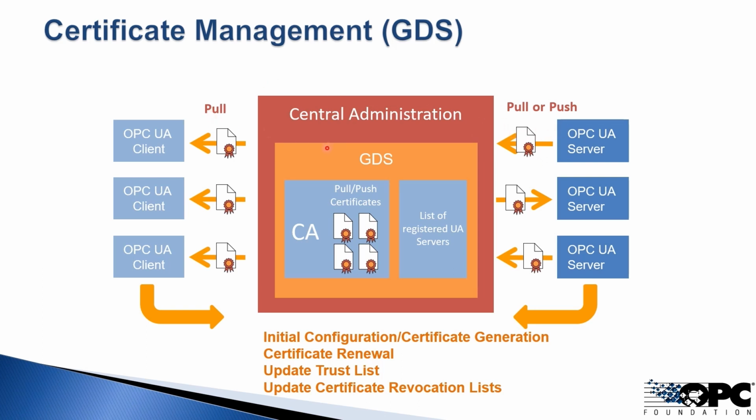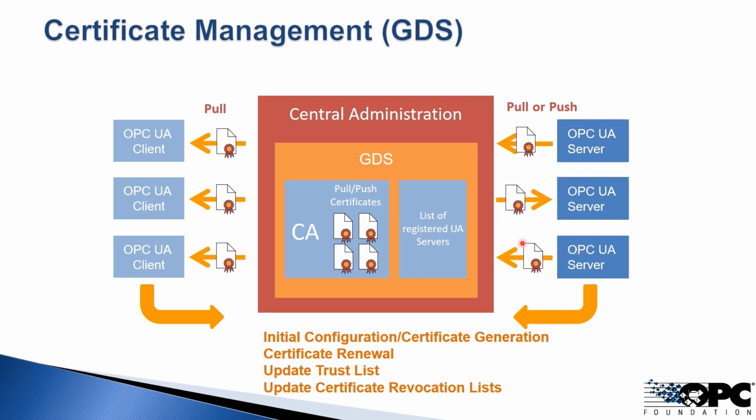A typical scenario is an OPC UA client will connect to a GDS and will pull its certificate from the GDS, because again, the client is the initiator of the communication and initiates, in this case, the pull action. A server, on the other hand, is listening for connections, and in this case, the GDS acts as the client and often will push the certificate to the actual OPC server.